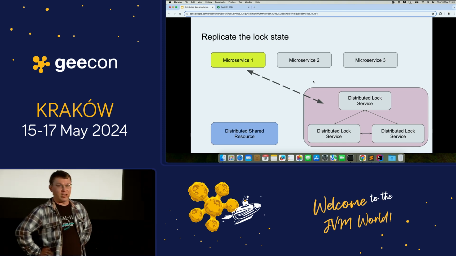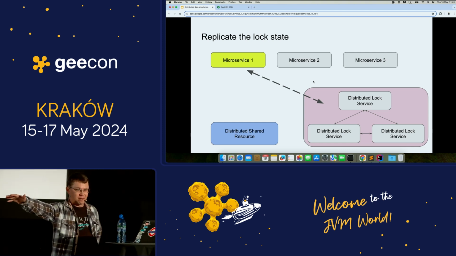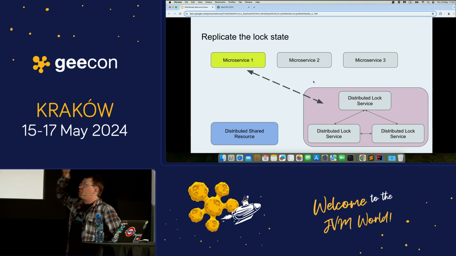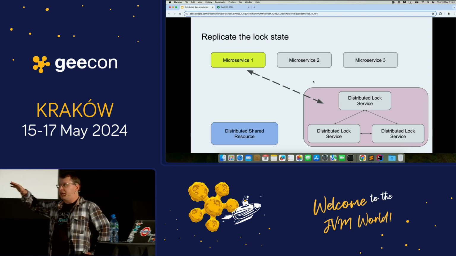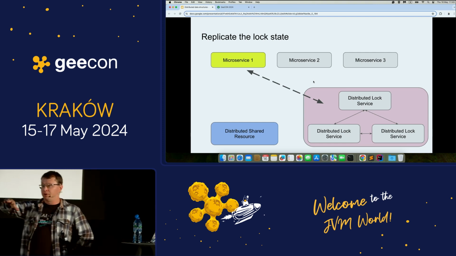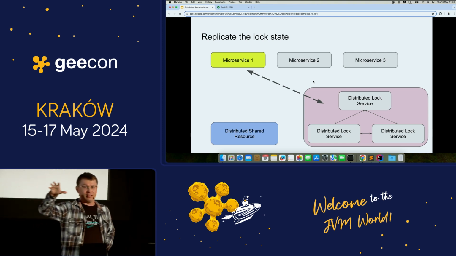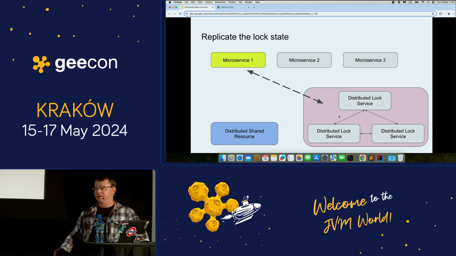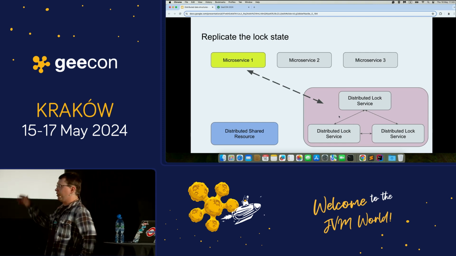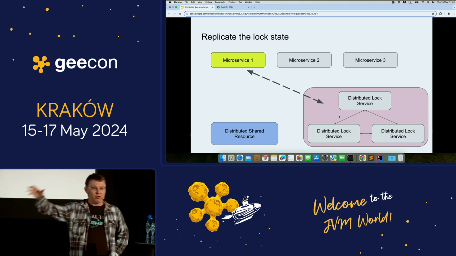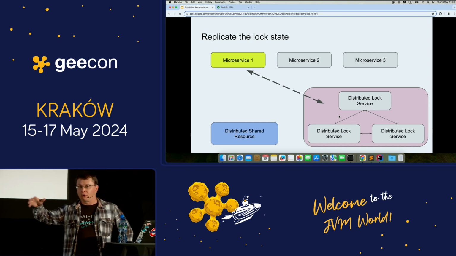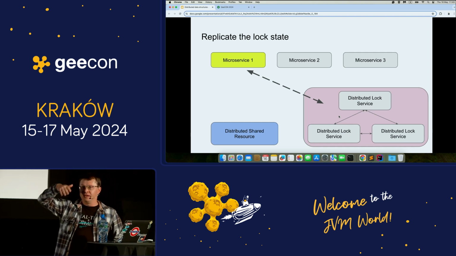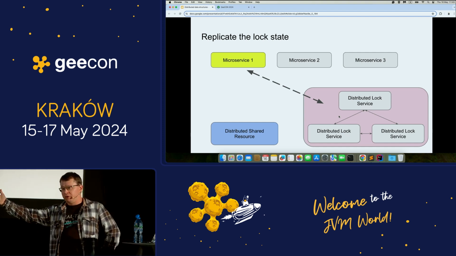We can try to replicate our state for the distributed lock service so that there will be no single point of failure. We can create a clustered solution for this distributed lock service that will track and replicate who is the lock owner and which microservices are waiting in a queue for the lock.